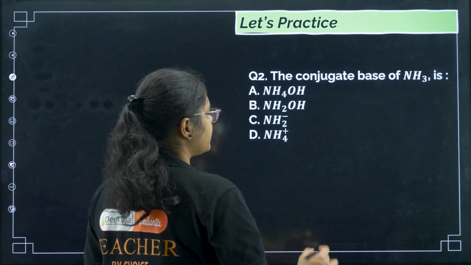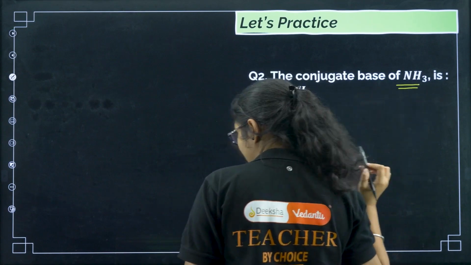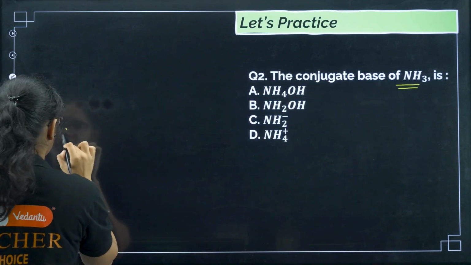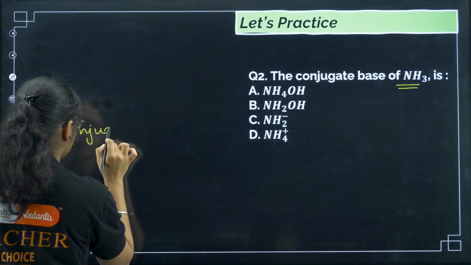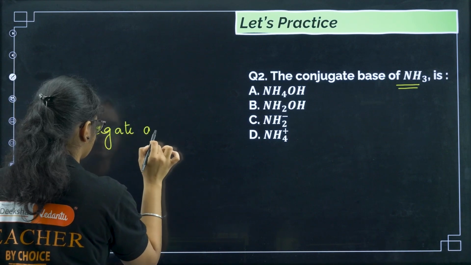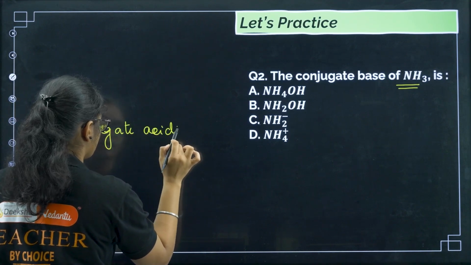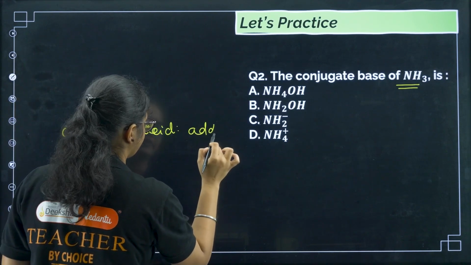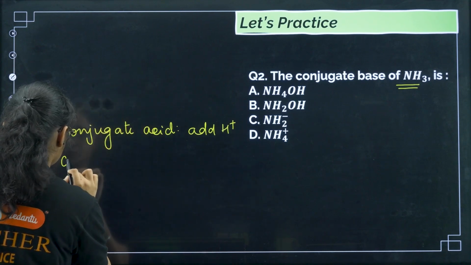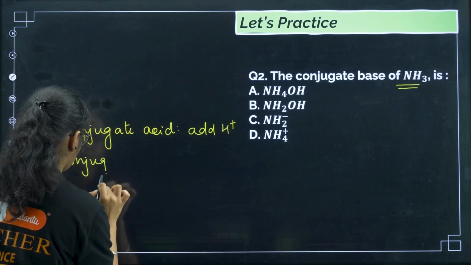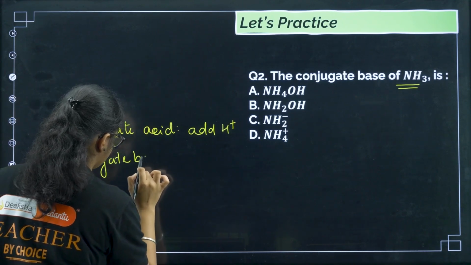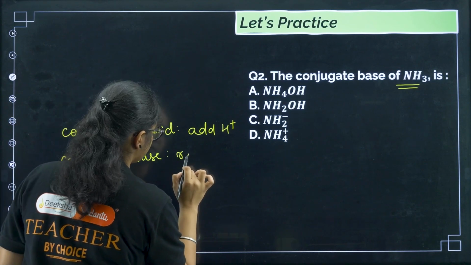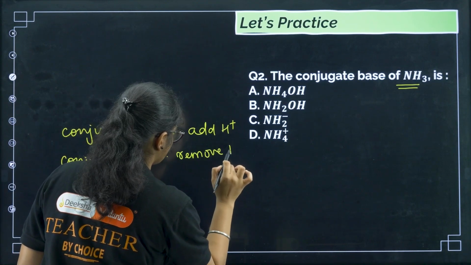Next, the conjugate base of NH3, right? So if you remember, let us write again. If you want to find conjugate acid, then what you have to do? Add H plus. And if you want to find conjugate base, then remove H plus, right?